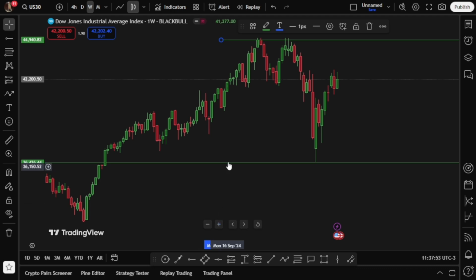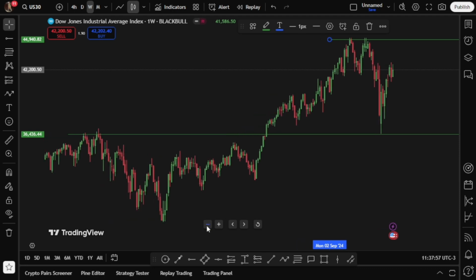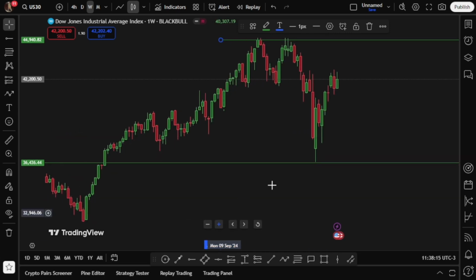You can call them levels, you can call them support and resistance, anyhow you want to call it is your choice. But note that as a swing trader, I do not keep my support and resistance at the candle wicks. I keep it at the candle close, because sometimes price might be very funny.